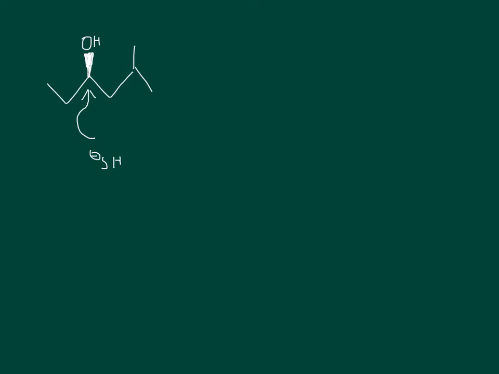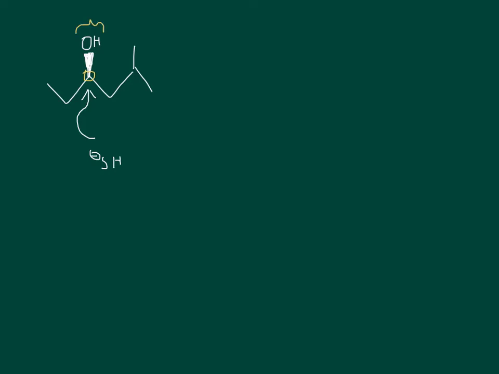Compared to the last problem, we're actually dealing with a secondary substrate, or a secondary carbon, since it's connected to two other carbons. Now, since there's more space and more steric hindrance around this position, it's not going to be as effective for SN2, but we're going to go ahead anyway, and we'll learn later in this section how we can actually facilitate SN2 mechanisms.